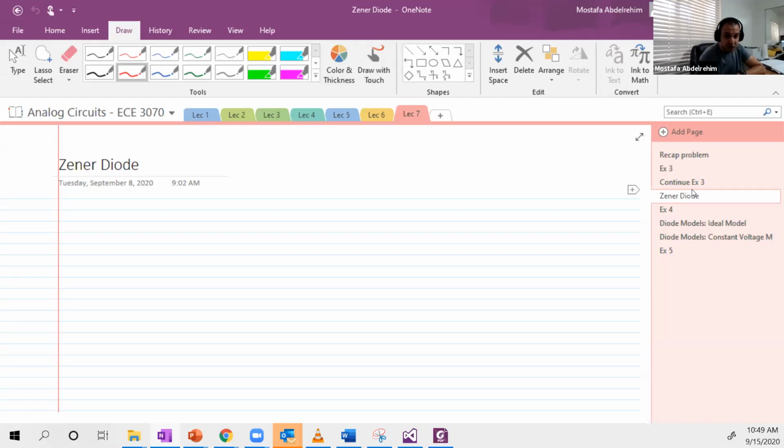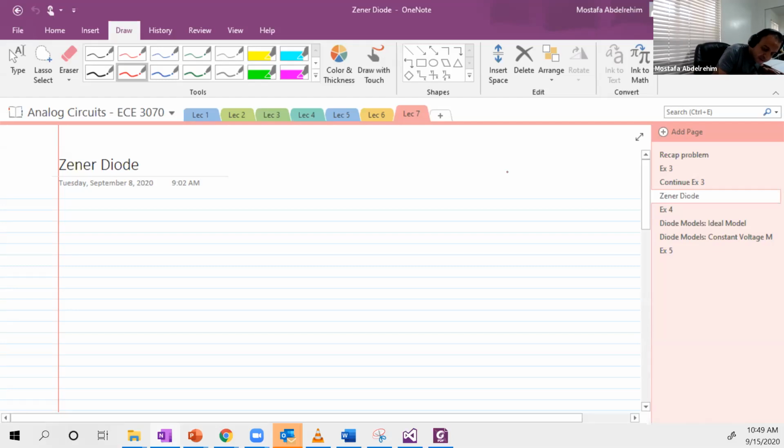But Zener diodes are diodes that have characteristics similar to the following. Let's call that V Zener, I Zener.